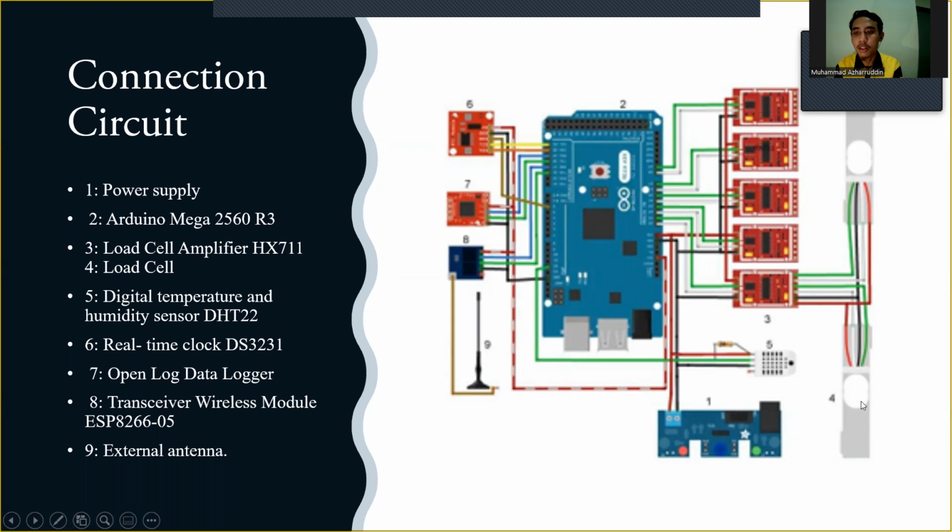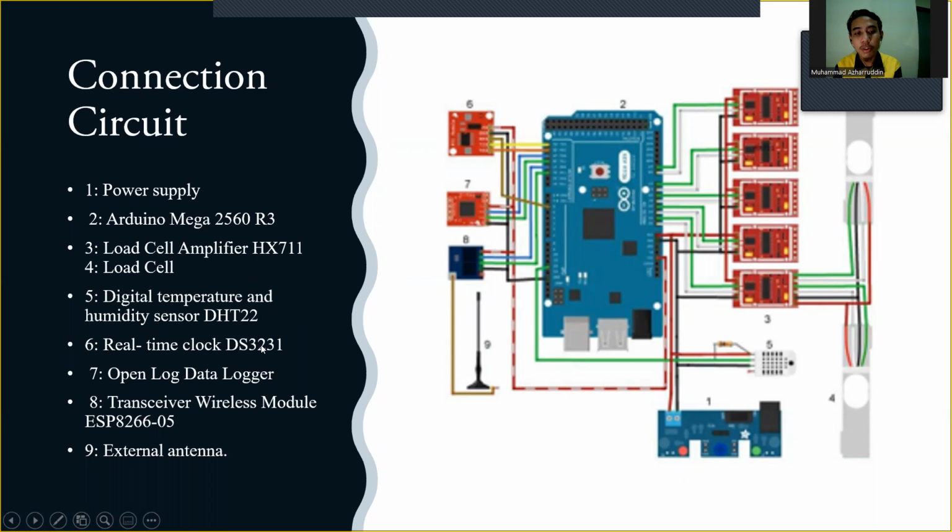And fourth is the load cell, which is for weight. Number 5 is the digital temperature and humidity sensor. In this project, I only use 2 sensors, which are the load cell and the DHT22.